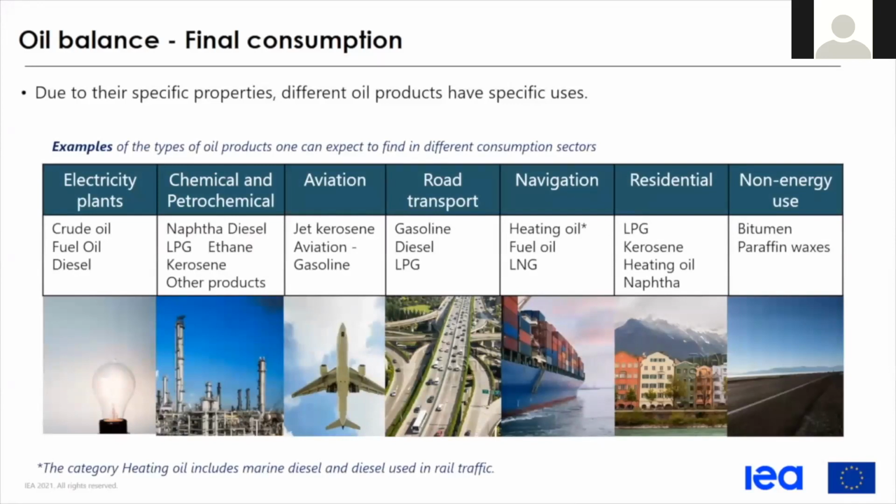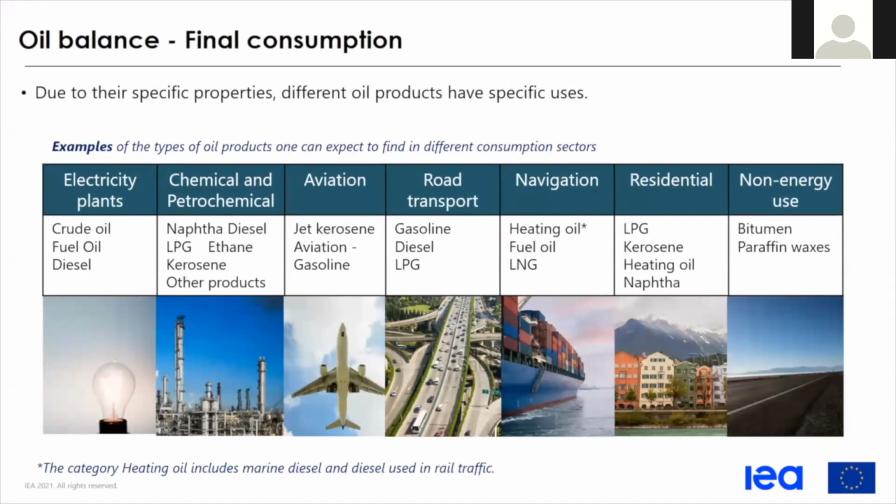Crude oil, as I told you, can be used in electricity plants, but you also have fuel oil and diesel that are most of the time used for this. In aviation, you would expect jet kerosene or aviation gasoline. For transportation, of course, we would expect gasoline, diesel, LPG, etc. You can see here some main uses, and maybe one point on non-energy uses.